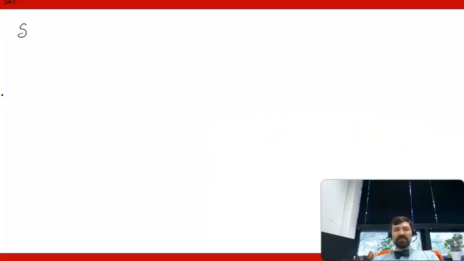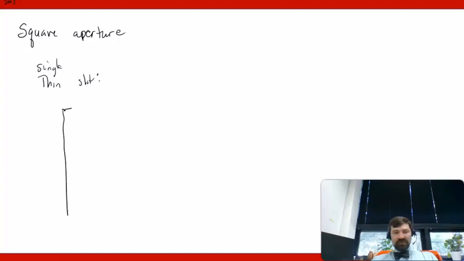So what happens if you have a square aperture or a square hole that you are shining the light through? For that matter, what happens if it's not a square but just a rectangle in general? Well, the assumption for the thin slit was that the slit itself was very, very long compared to its width.